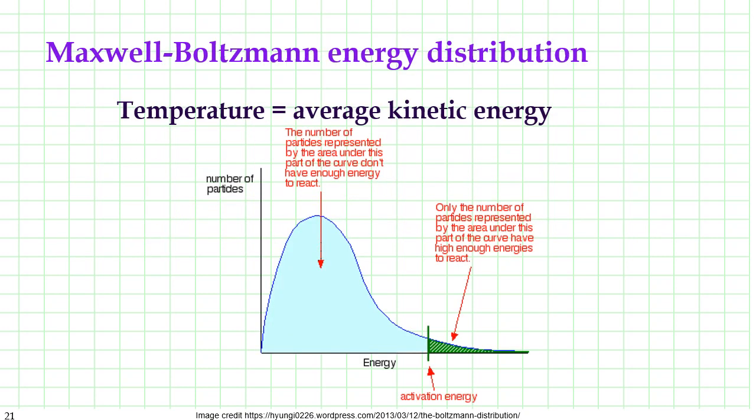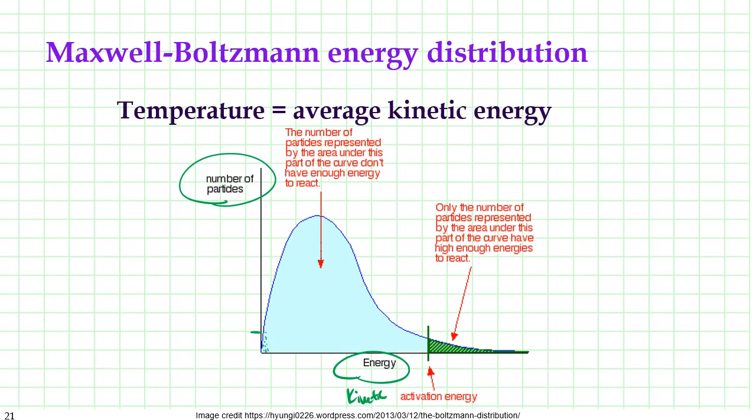Maxwell-Boltzmann curves, energy distributions, are going to graph the numbers of particles, or we could do like the percentages of the particles, over energy. And this is kinetic energy. So kinetic energy, the energy of moving. So in a sample, we're not going to have all of the particles have the same exact temperature, but instead we'll have a couple little particles.